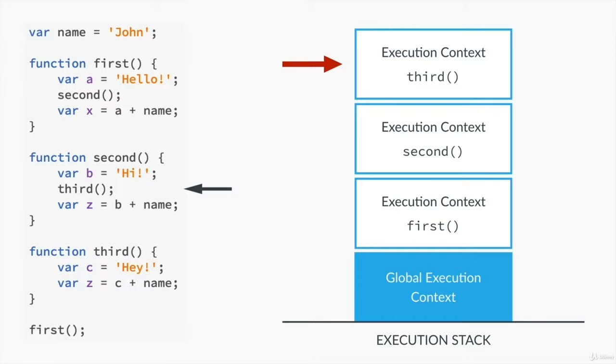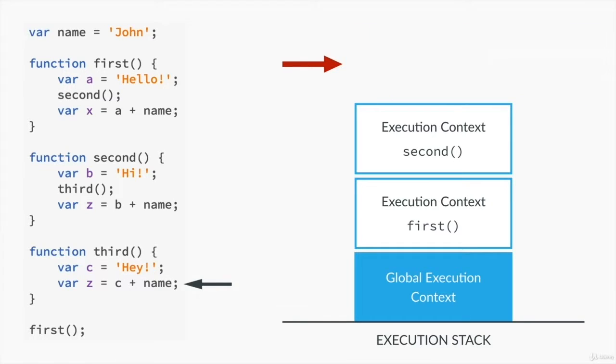So now inside of the third function, we just have these two variable declarations and nothing more. So this function has now done all its work, and so we say that the function returns. So what happens to its execution context? It just gets removed from the top of the stack. Very simple.